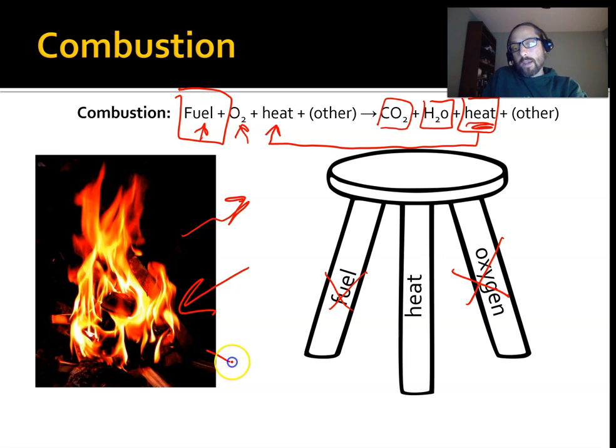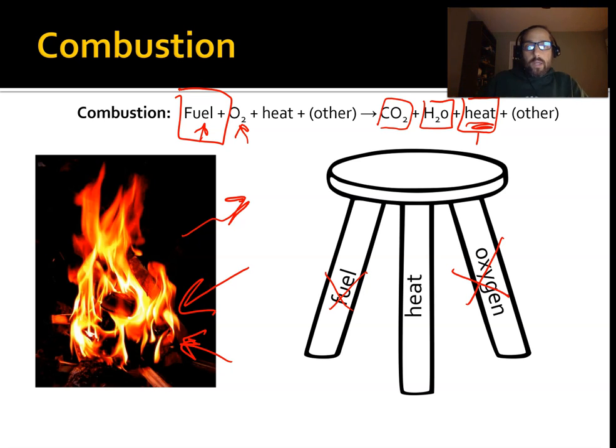So when you start a fire like here, the heat that's released from the conversion of the chemical energy in the wood to thermal and radiant energy is then used to feed the combustion reaction and keep it going. As long as there's enough fuel and enough oxygen, it's going to keep going. Okay, so that's your basic combustion reaction.